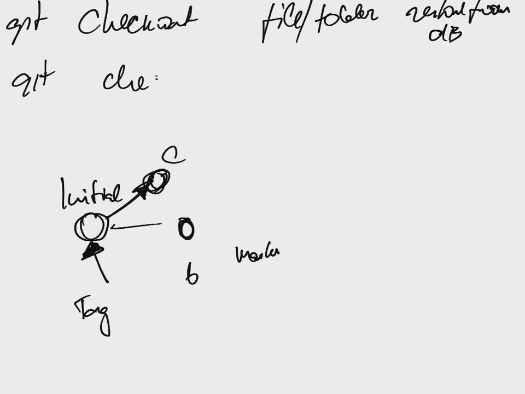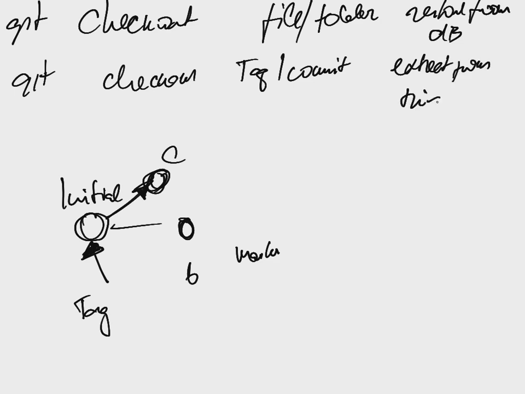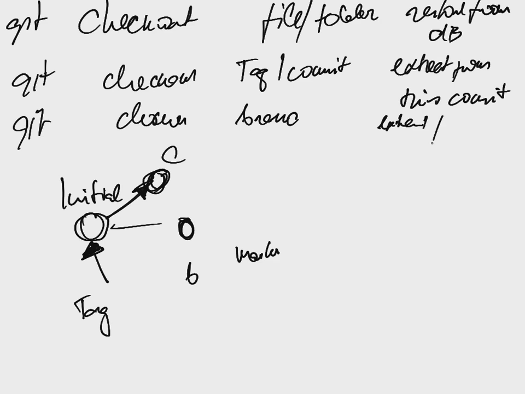Git checkout tag or commit is extract from this commit, and git checkout branch extract from this branch.